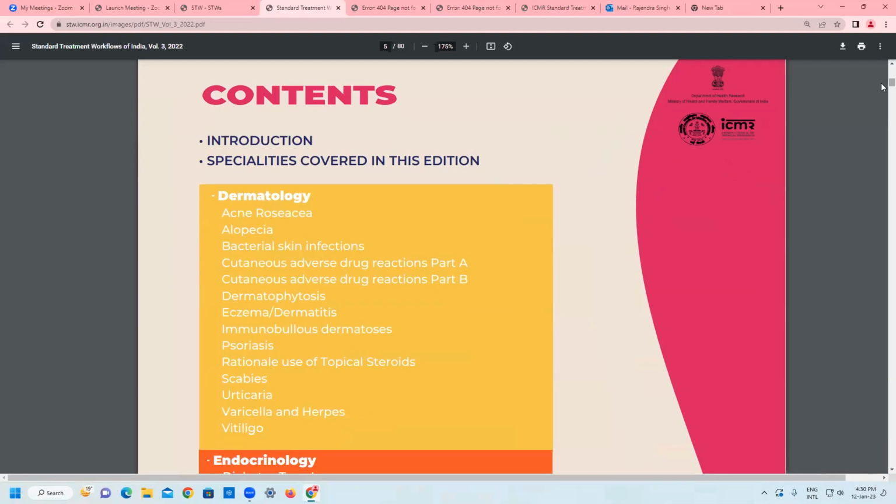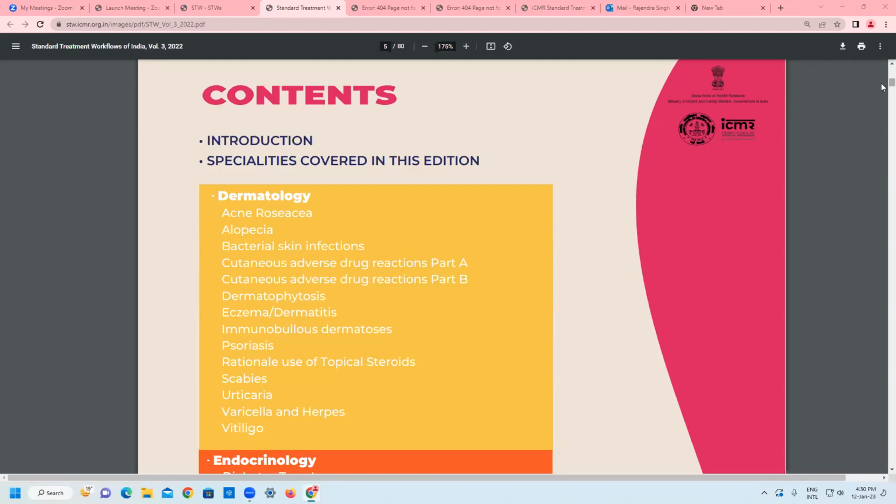We have also covered one important topic, that is rational use of topical corticosteroid. We find there is a lot of misuse and abuse of topical corticosteroid by various people, including physicians and chemists. So we want to sensitize our medical fraternity on how to rationally use topical corticosteroid. And of course, common conditions like scabies, urticaria, varicella, herpes, and vitiligo.